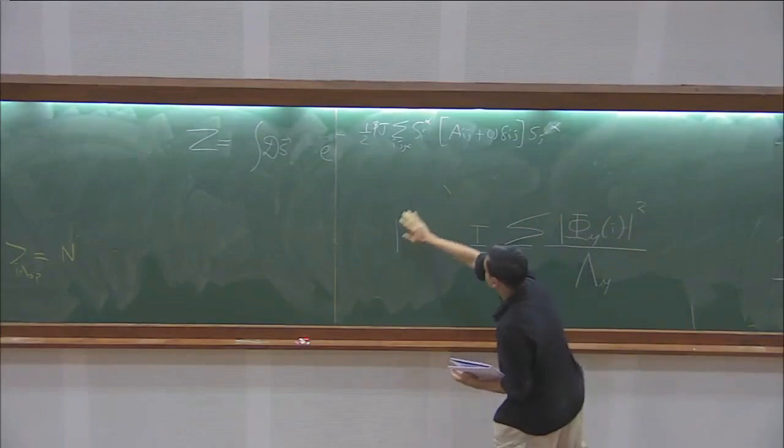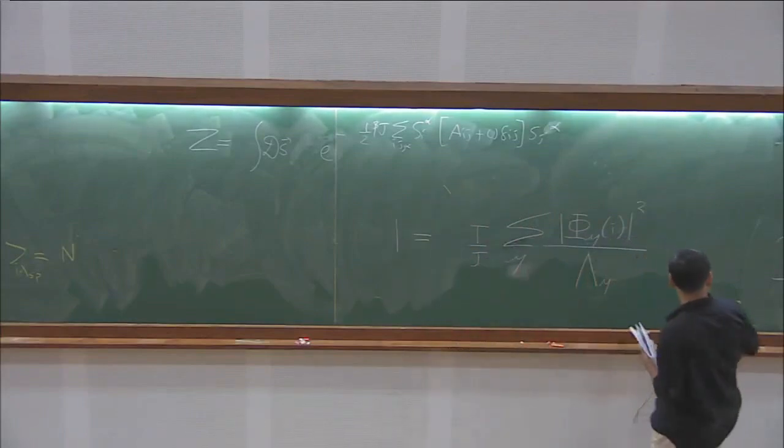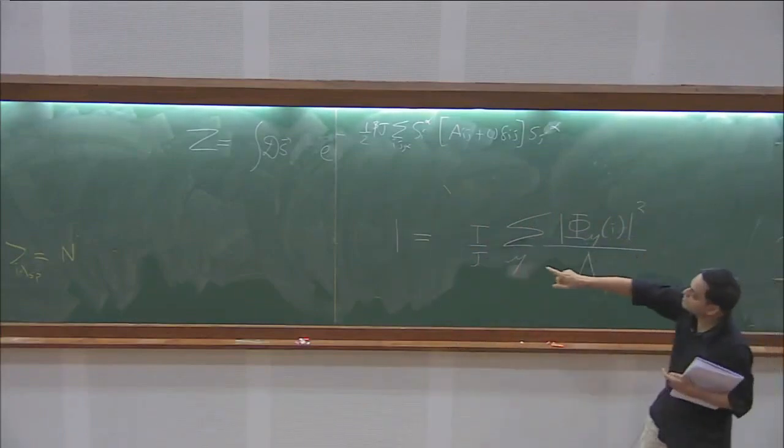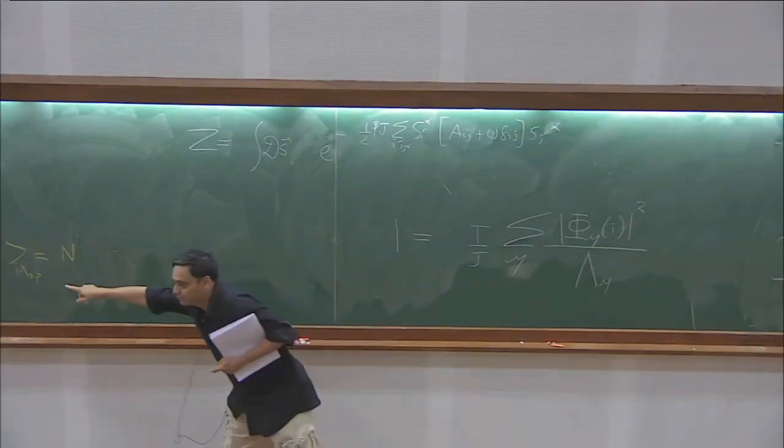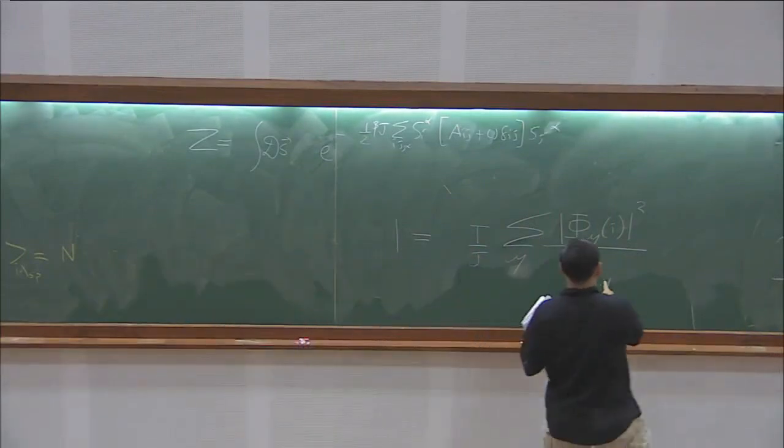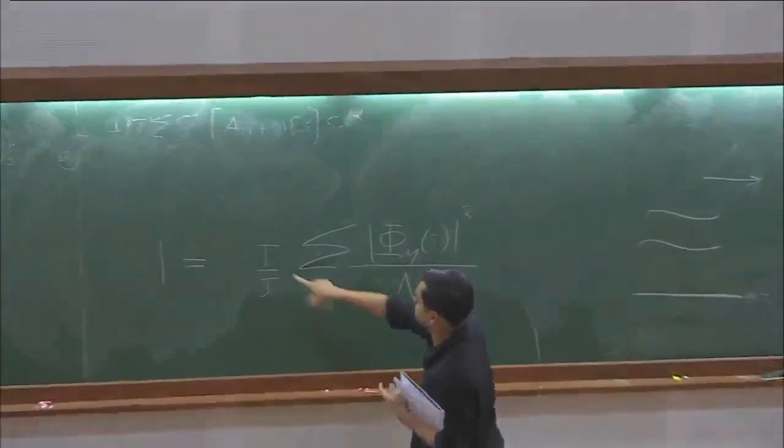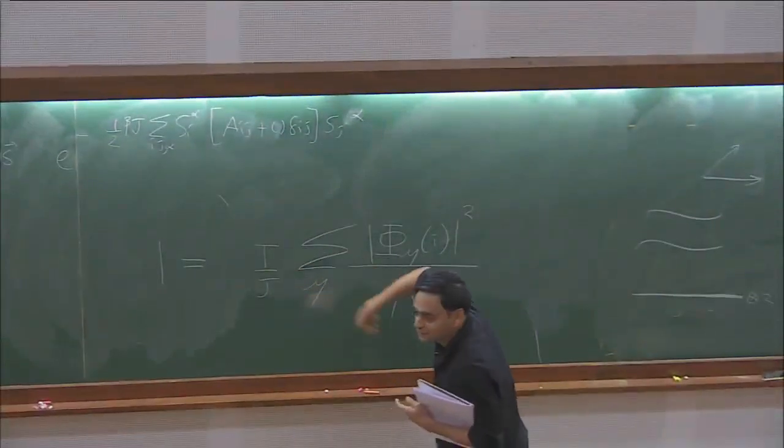So here you see, because there is a flat band, what the system will do is adjust the value of lambda so that the value of the flat band is of order temperature, and it will always keep cancelling.